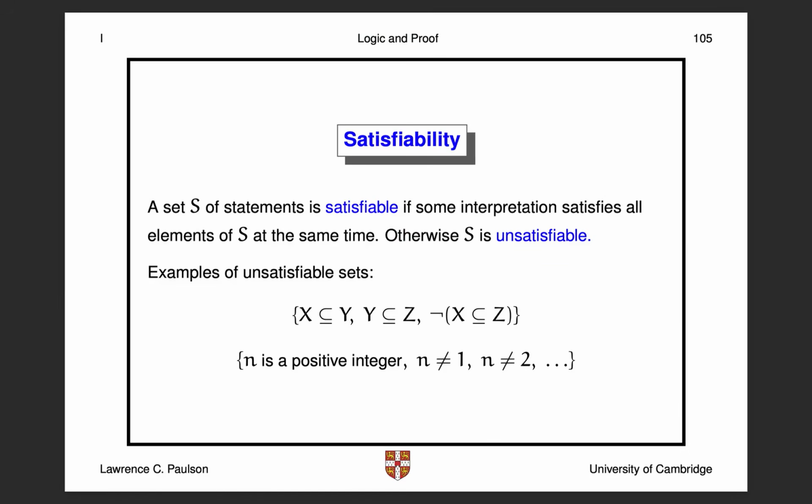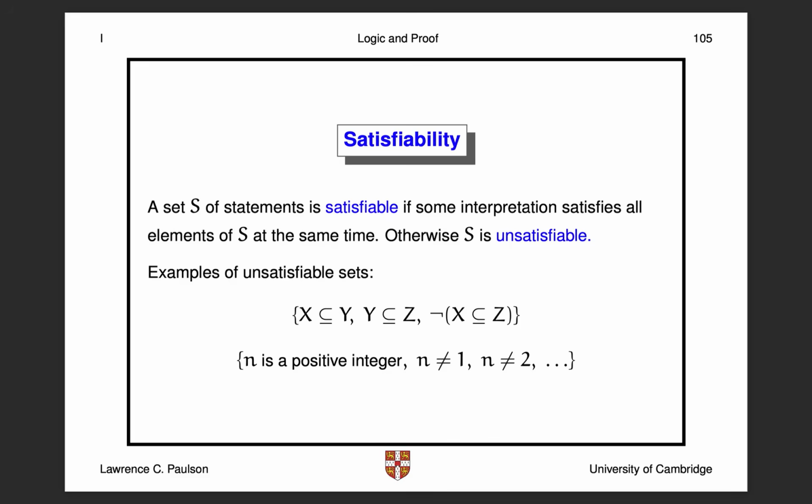One of the most important concepts in connection with sets of statements is satisfiability. And this is merely the question of whether a certain set of statements can be made true, every element of the set made true by one single interpretation.